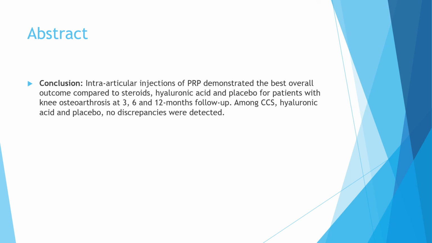The intra-articular injections of PRP demonstrated the best overall outcome compared to steroids and hyaluronic acid and placebo for patients with knee osteoarthritis at 3, 6, and 12-month follow-up. Secondarily, corticosteroids and hyaluronic acid followed up with that, and placebo coming in last. No discrepancies were detected in these outcomes.